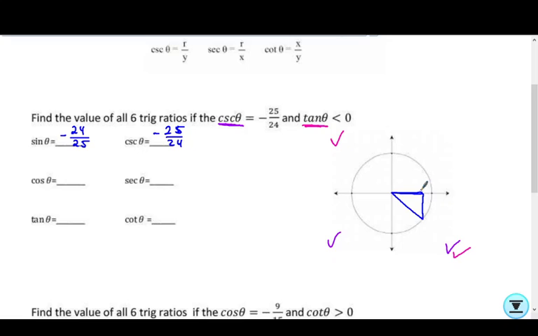Now, using what I know about cosecant, cosecant is r over y. So my r value is 25 and my y value is negative 24. And then we can use the Pythagorean theorem here to figure out what our third side is.